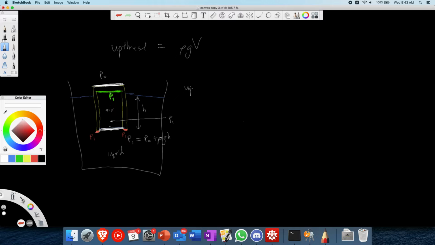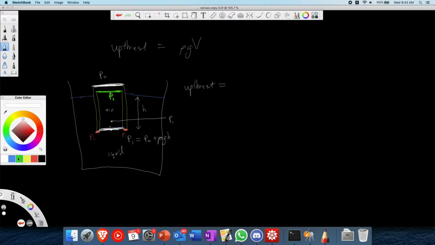You get the upthrust. Remember the upthrust is the force acting on the cup itself, not the air inside the cup, but the cup. But due to the fact that the pressure inside the air is the same everywhere, you can just take P1 at the surface here, the green surface.